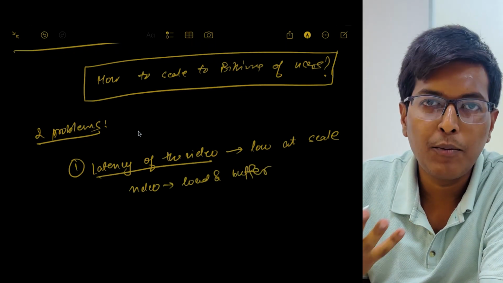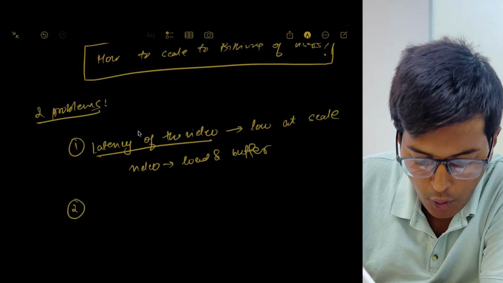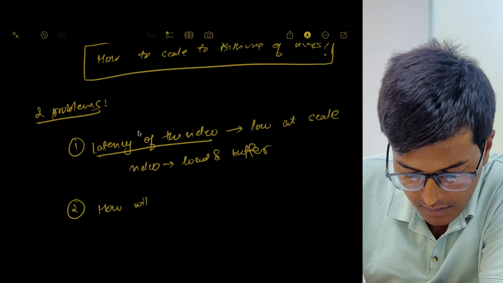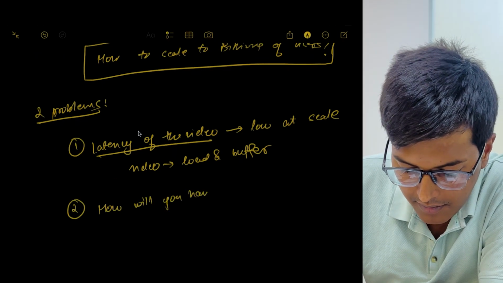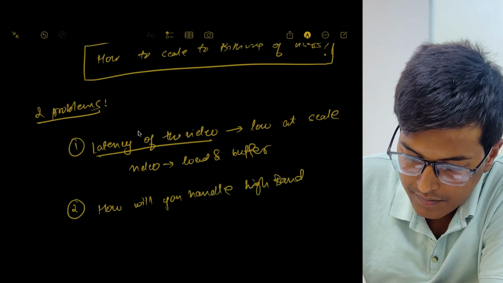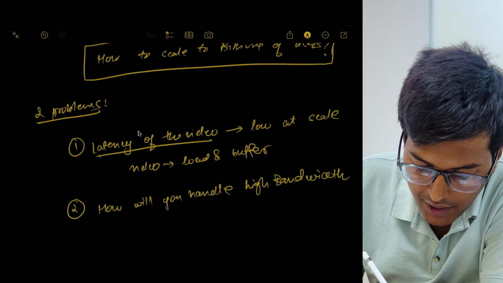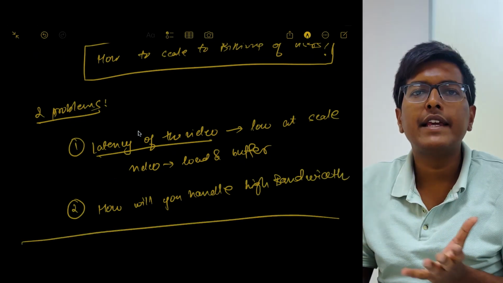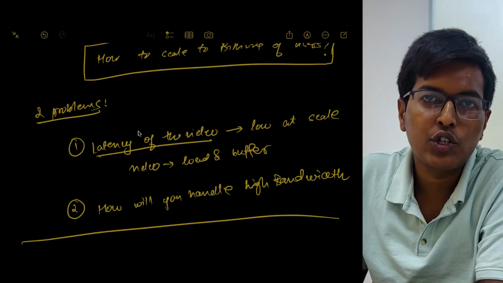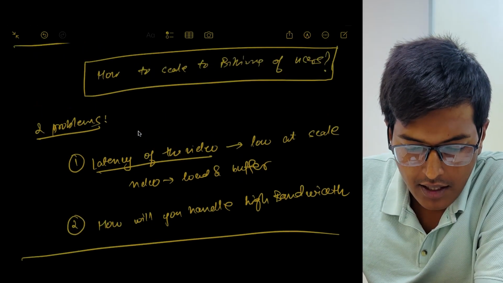This is the one problem you will face. The second problem is how will you handle high bandwidth. We will first discuss both of these problems, really understand them, and then come up with the solutions.